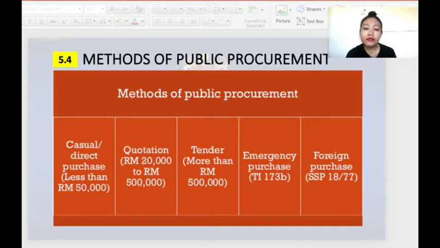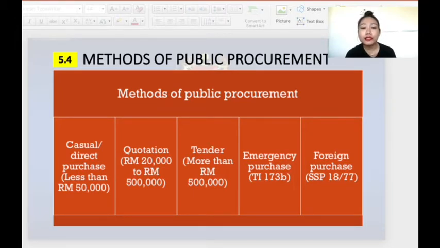So the next valid question should be how to get these goods and services. What are the procedures, steps, ways, and so on, right? Hence, methods of public procurement actually refers to the modes or ways of obtaining supplies. Supplies in this context apply to products or goods and services needed by the government.